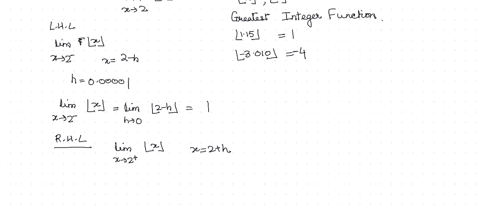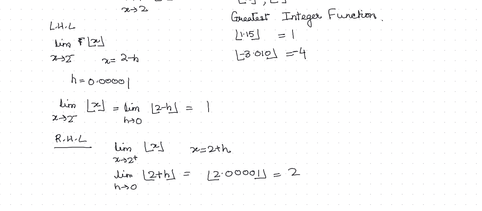So we can say that limit h tends to 0 of the greatest integer of 2 plus h, so this will be the greatest integer of 2.00001, which will be equal to 2.